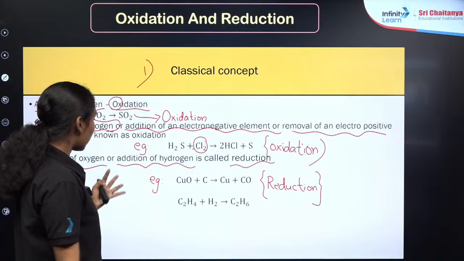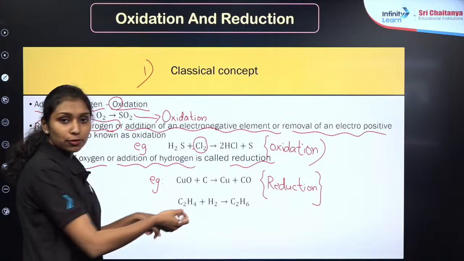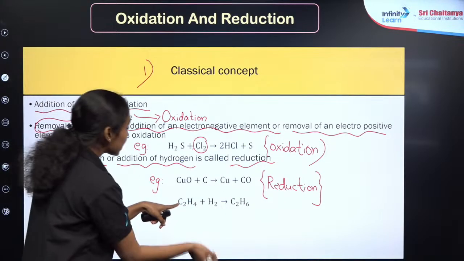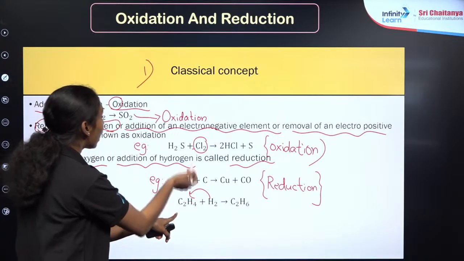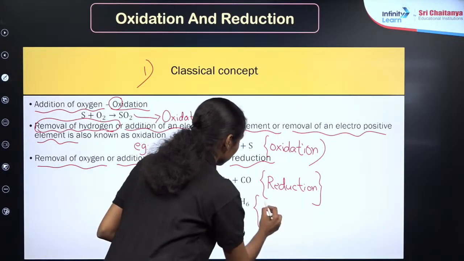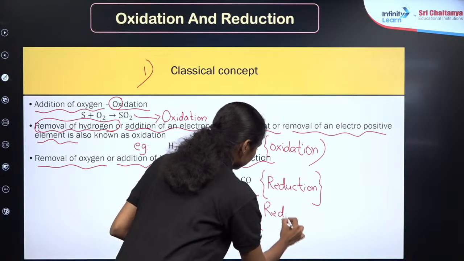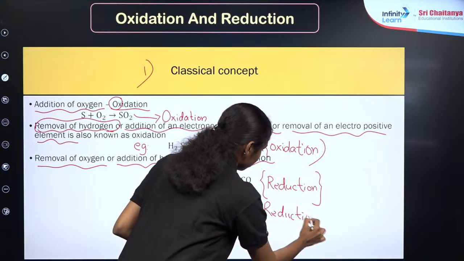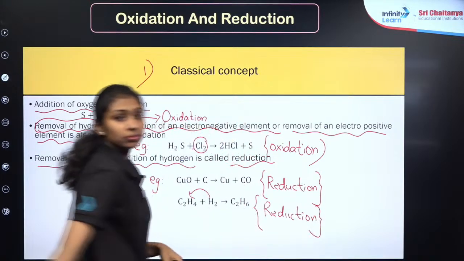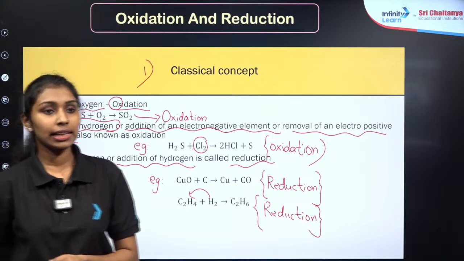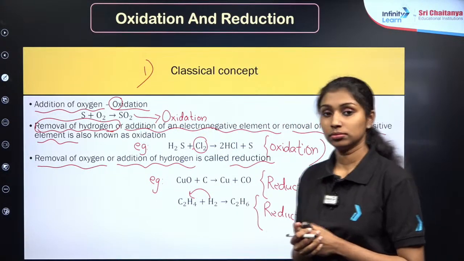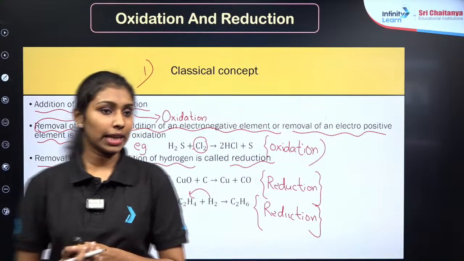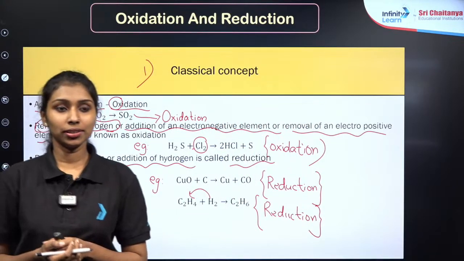Then in terms of hydrogen, we can say that C2H4, our ethene molecule, whenever it adds a hydrogen molecule, it will form an ethane molecule, which means that addition of hydrogen is also taken as reduction. Is the classical concept clear for everyone?